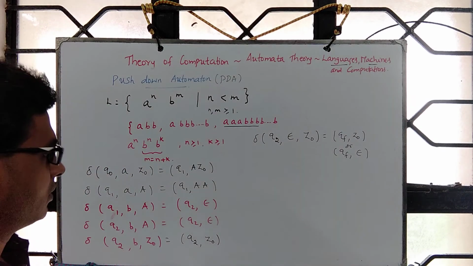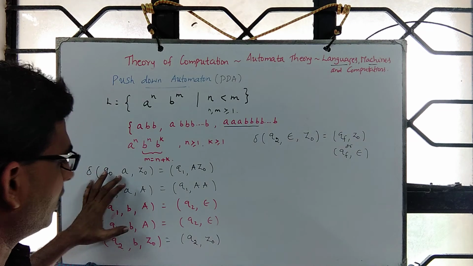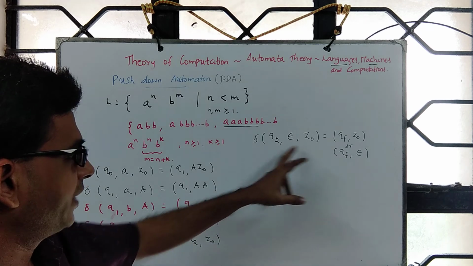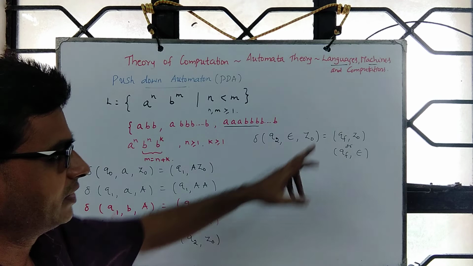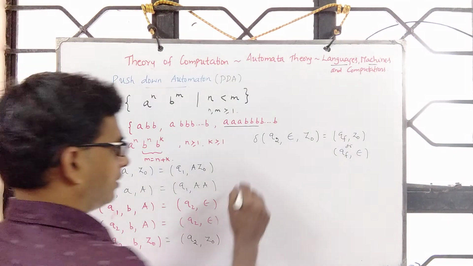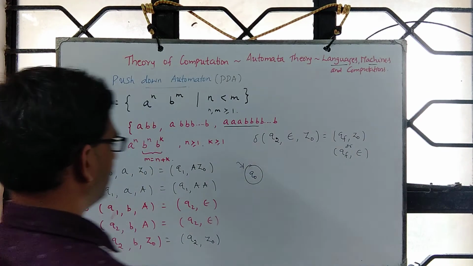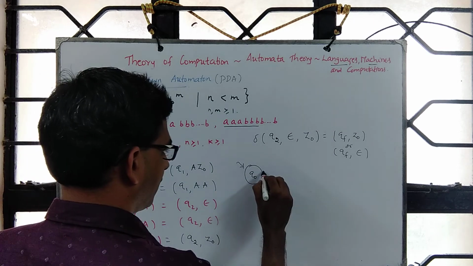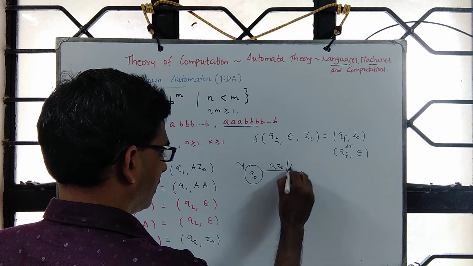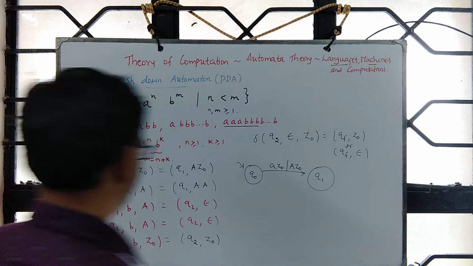Fine. So now, as always, in case you read a B at Q0, one has to reject. And similarly, when you are in Q2, you read A and top symbol is Z0, it should be rejected. Fine. So if you focus on the transition diagram, it says Q0, and when you read A, top symbol is Z0, that is replaced with A Z0, and we go to Q1.